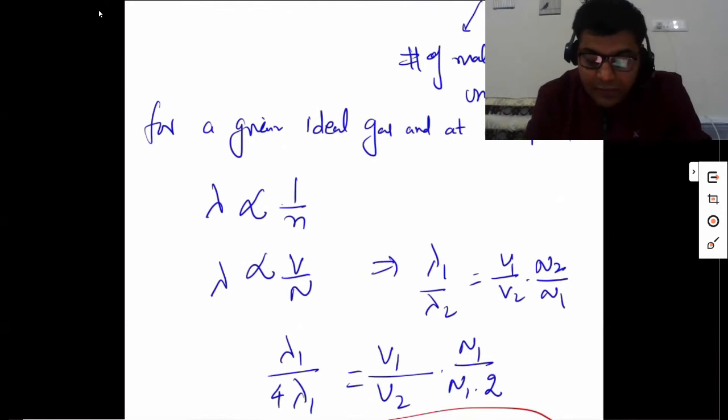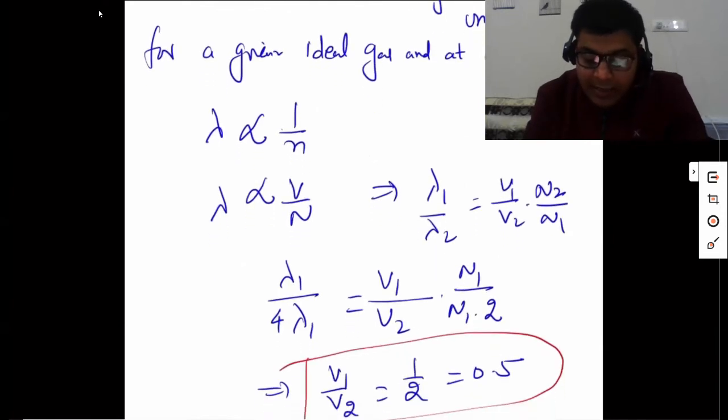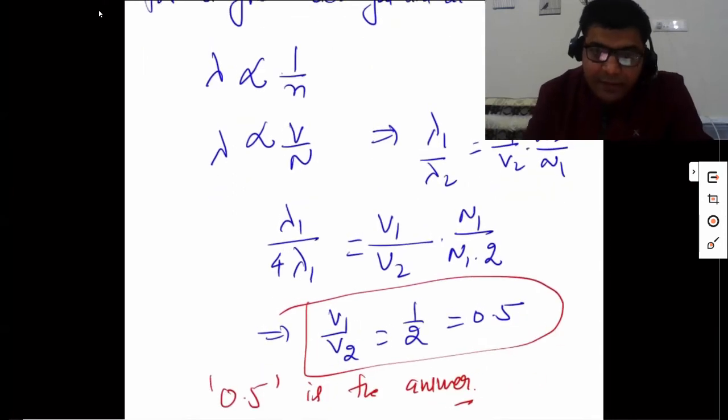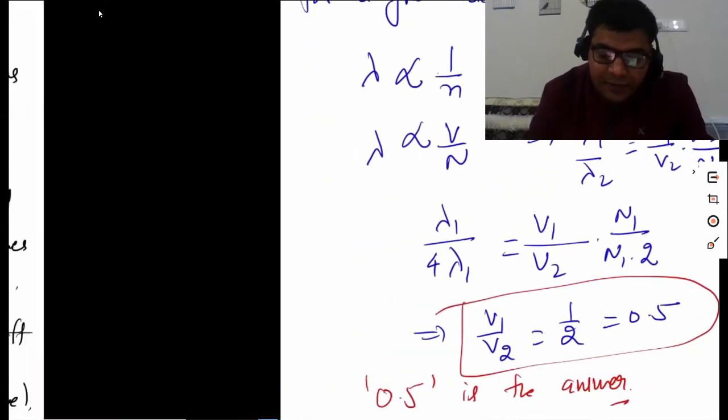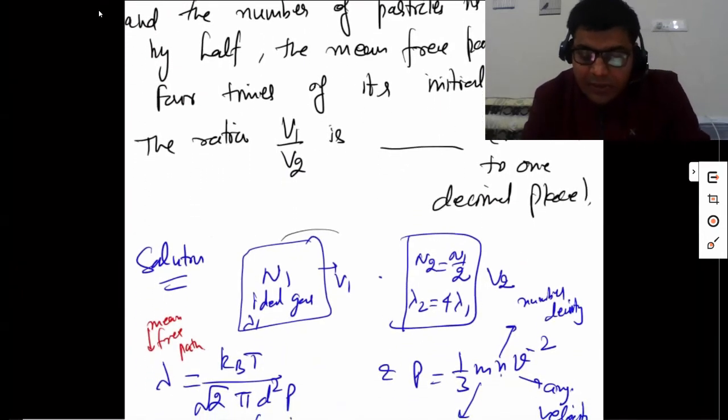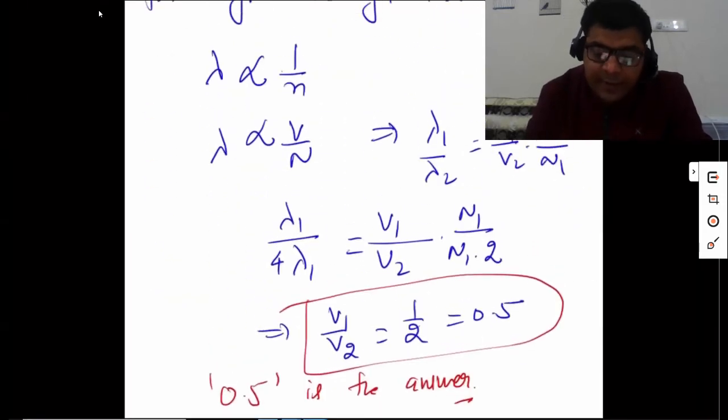Lambda 2 is given as 4 lambda 1 in the question, and N2 is N1 by 2. If I substitute those values, V1 by V2 turns out to be 0.5. So 0.5 is the answer. It was a numerical answer type question, and we had to round off to one decimal place, which is essentially 0.5.